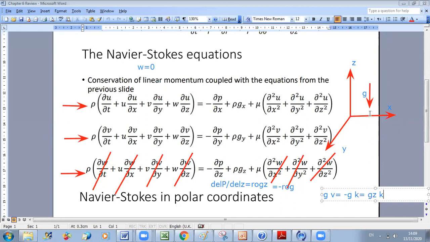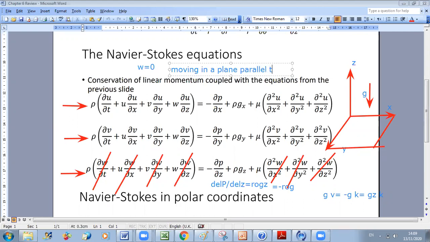Since there is no flow along z, no need to consider del p by del z, because I'm always in one plane. In my problem, they told me that w is 0. This information tells me that I am moving in a plane parallel to xy.